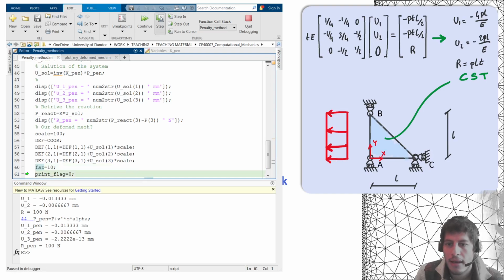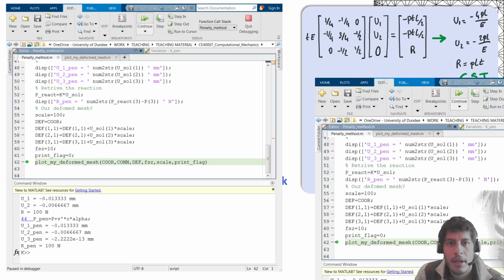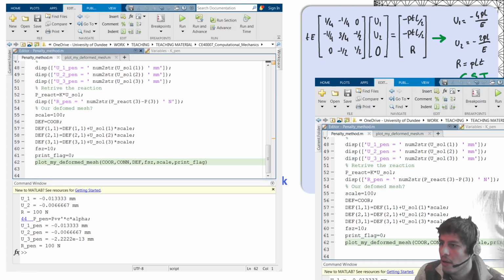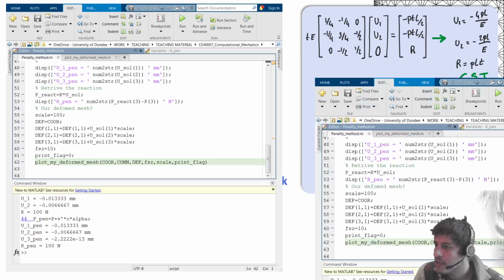I will then run this function. I will show you the result first. In theory, you should see a figure.